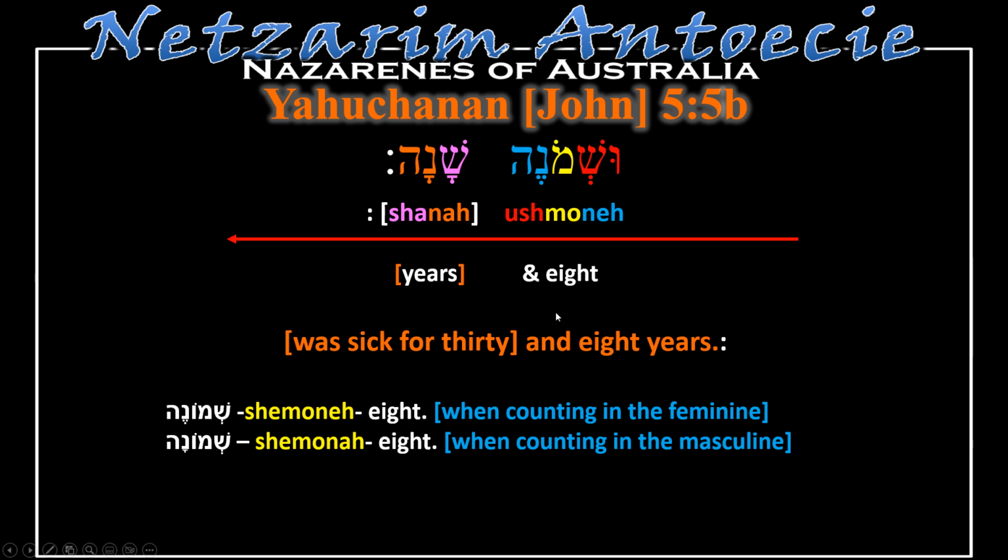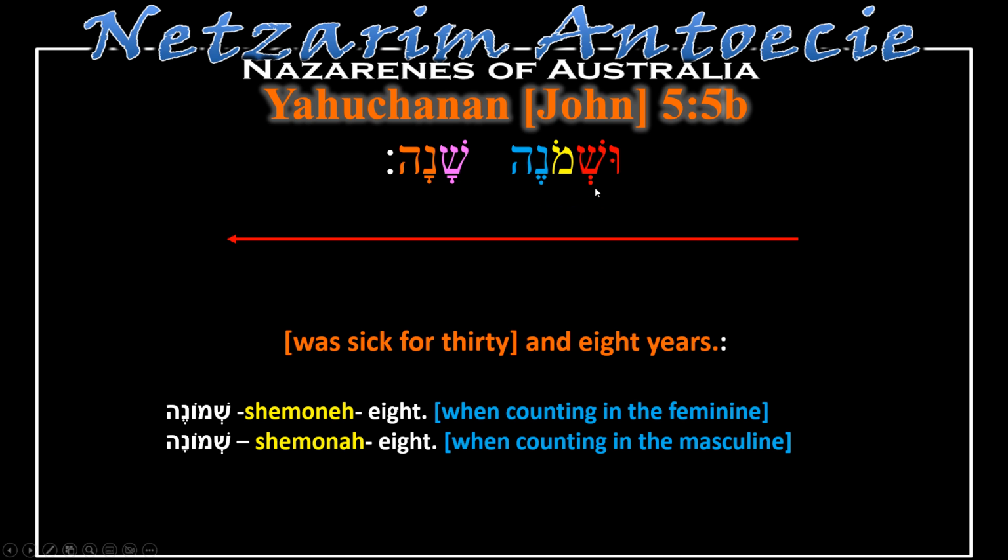Just to give you a little bit of added information. Then we have shana, which is translated as years. I always thought that was a bit weird because it's like a singular form but they always translate it as years. So the translation was sick for 30 and 8 years, 38 years.